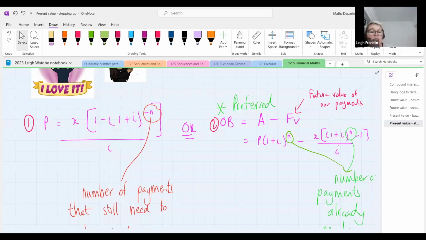It is the present value of the payments that still need to take place in order to pay off the loan. Or else it's the value of the loan to a certain point minus the future value of payments to that same point.